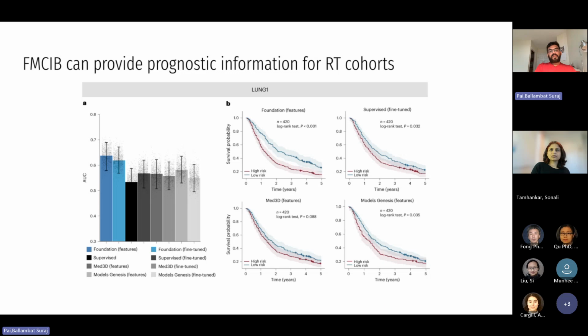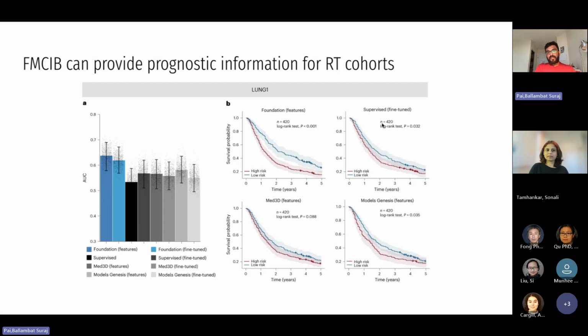And then FMCIB can also provide prognostic information. And we did this with specifically radiotherapy cohorts. And here you see that actually using these foundation model features in this dark blue and not fine tuning works the best. And you also see that using these foundation model features can also stratify cohorts based on high and low risk.